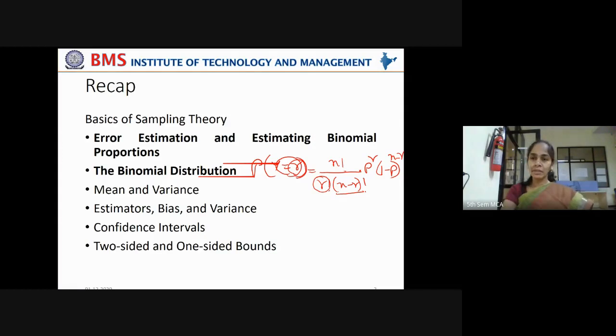Here n is the number of coin tosses, p is the probability of observing heads, and r is the number of times head is observed. Whenever you conduct an experiment 100 times or 1000 times, this gives the probability of observing an event a given number of times.